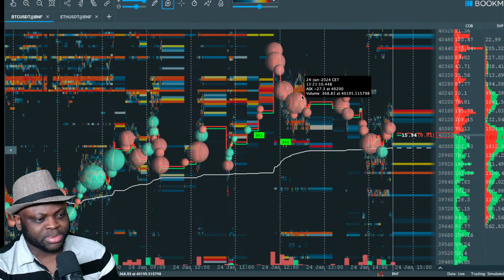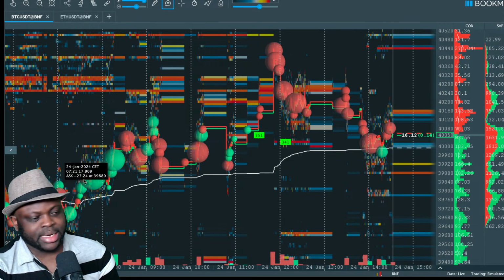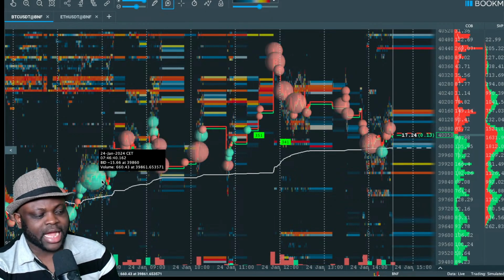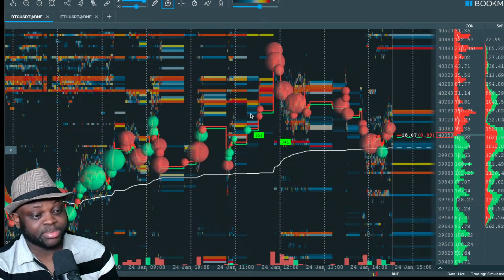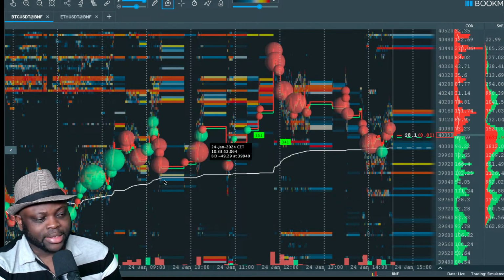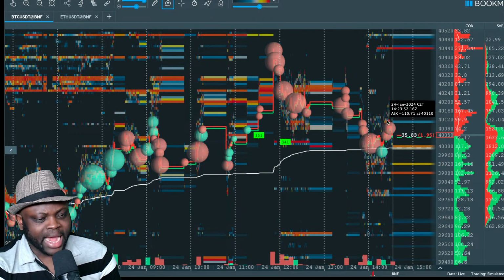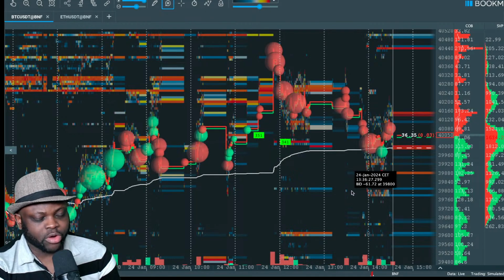These bubbles represent the pressure. If you see the bubbles increasing, it means there's high volume coming into the market. So the bubbles represent volume, and this white moving average here is the VWAP. When price is above the VWAP, we're going to favor buy, and if price is below the VWAP, we're going to favor sell.